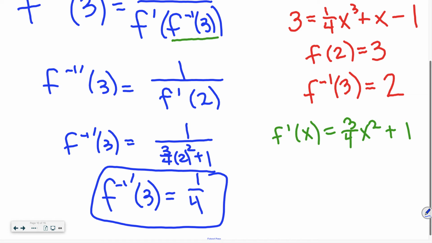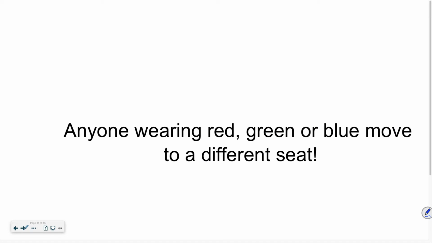All right. If you are wearing red or green or blue, like on your shirt, find a new seat. Pink people, you're safe. Oh, yeah, okay. This is that crimson shade.